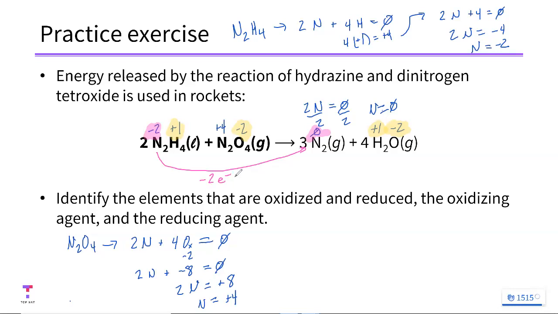So that means that it has lost electrons. The loss of electrons is oxidation. So if I'm identifying the oxidation process here, I would identify the nitrogen in the hydrazine as being that element that was oxidized.